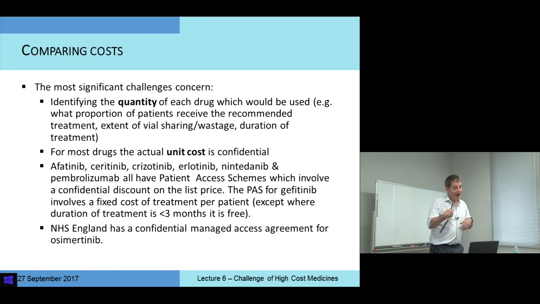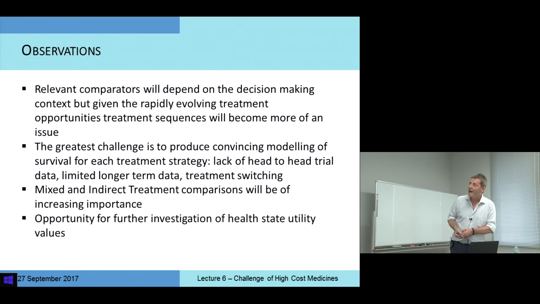And so how does a manufacturer making a case for its product know how to cost its rival's product if the rival's drug was a comparator? So huge challenges.